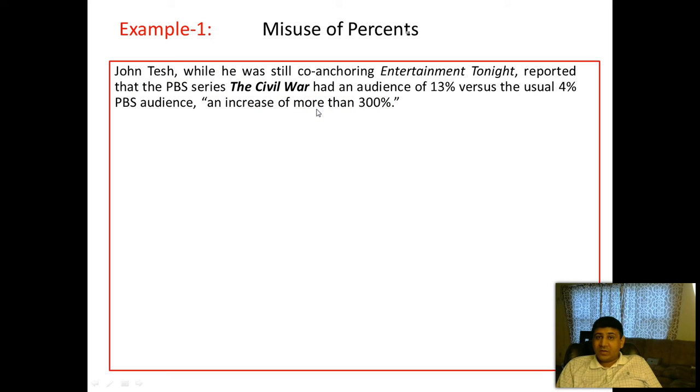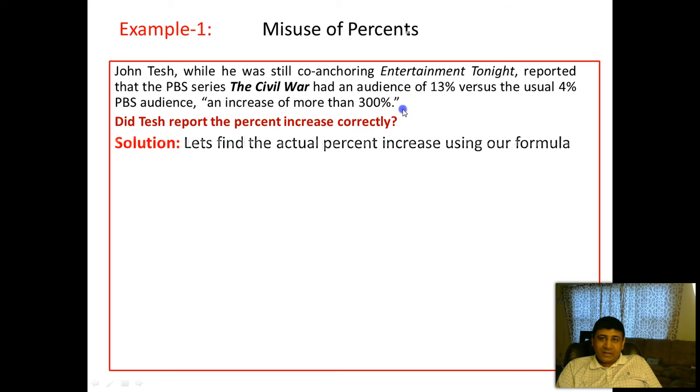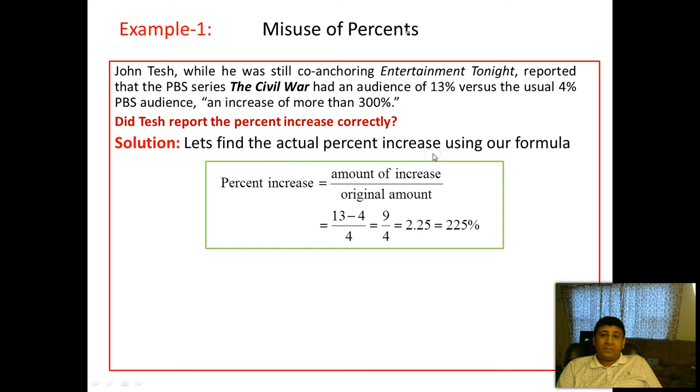Okay, now this is not correct. We will see that. The question is, did John Tesh report the percentage increase correctly? Looks like not. We will do it mathematically using the percent increase and decrease formula here. Let's find the actual percent increase using the formula. Percent increase is the amount of increase divided by the original.